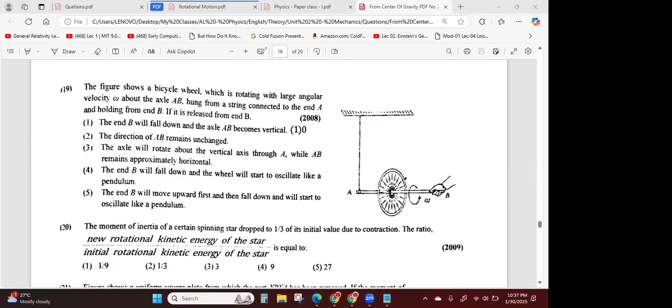I actually recommend you search on YouTube and watch explanation videos about the gyroscope. You can search gyroscope or gyroscope effect. This effect is due to the angular momentum.